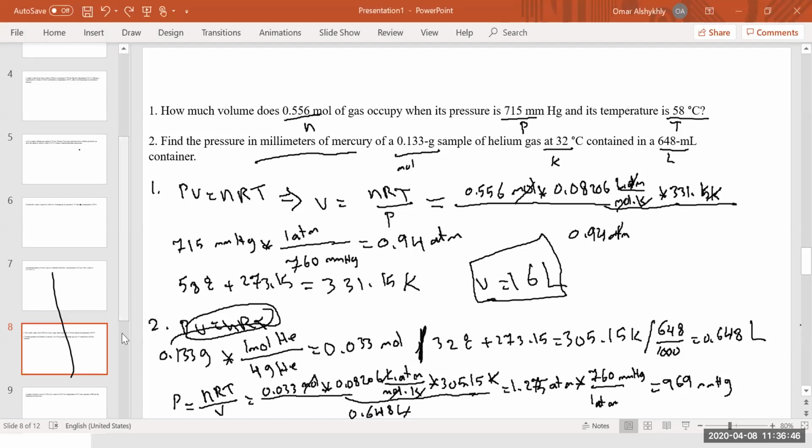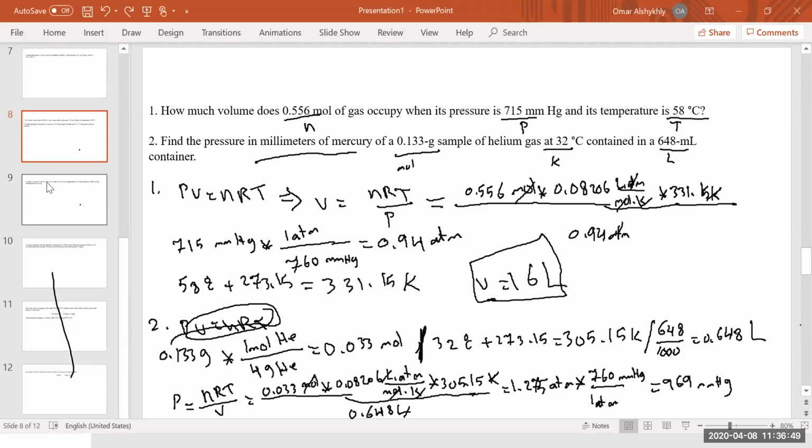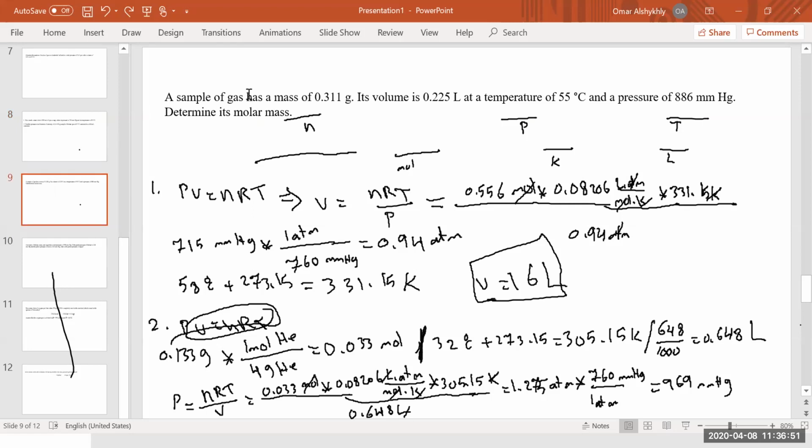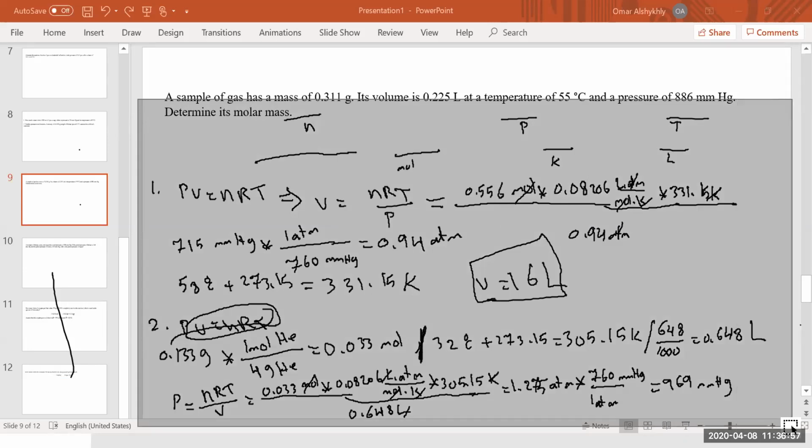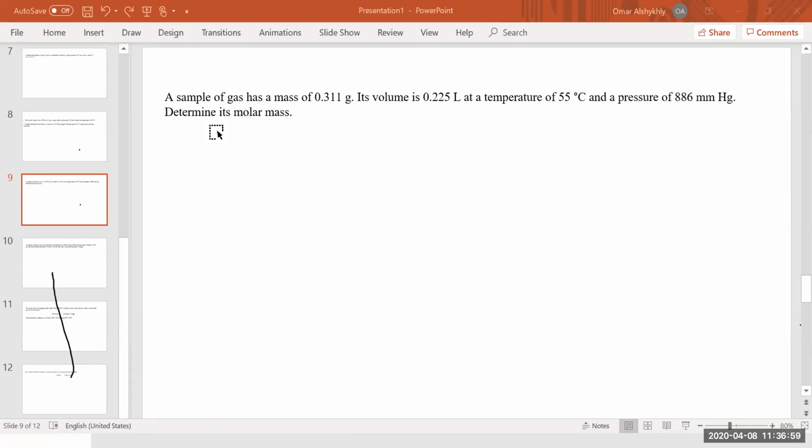Let's go and practice with another one. A sample of gas has a mass of 0.311 gram, its volume is 0.225 liter, its temperature is 55 Celsius degree, and its pressure is 886 millimeter mercury.